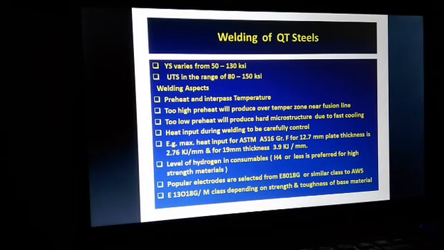Popular electrodes are selected from E8018G or a similar class to AWS, up to E13018G/M class, depending on the strength and toughness of the base metal.